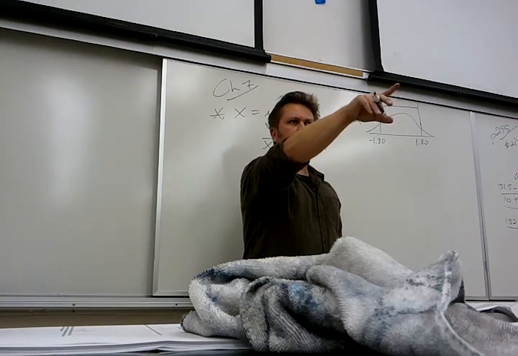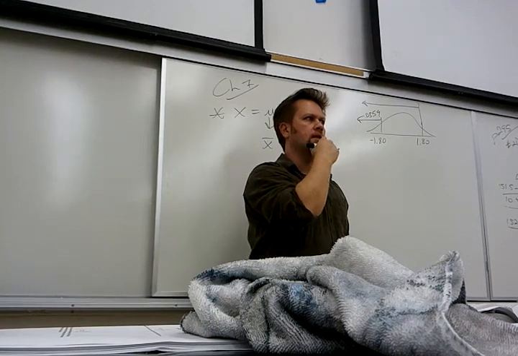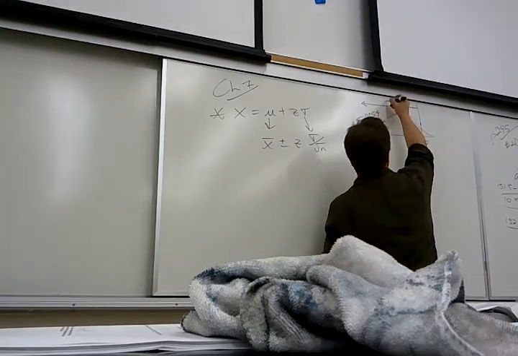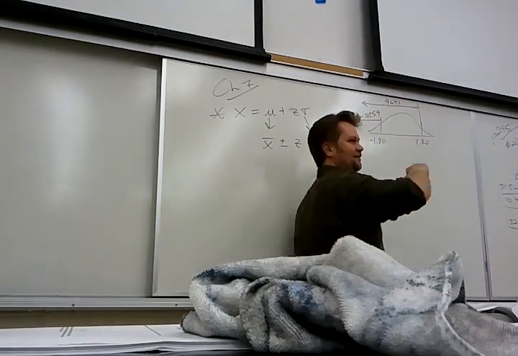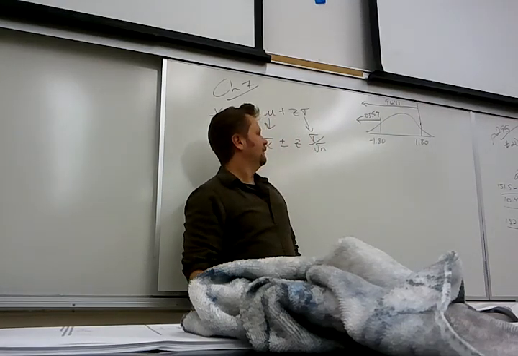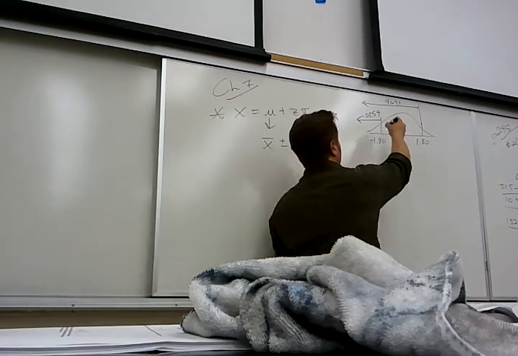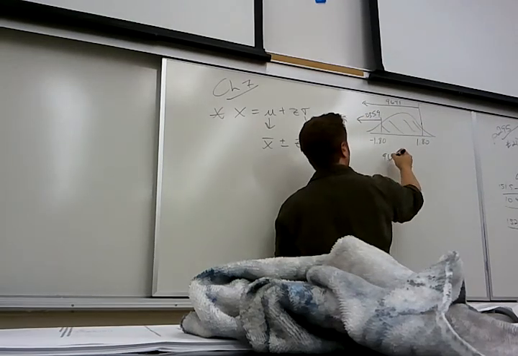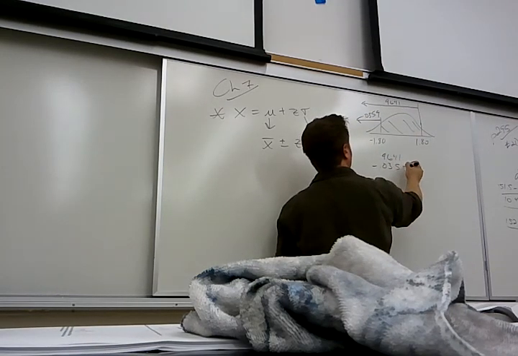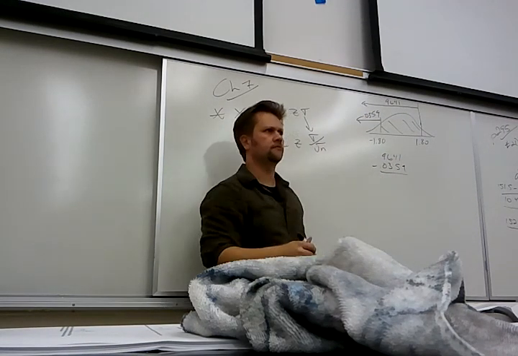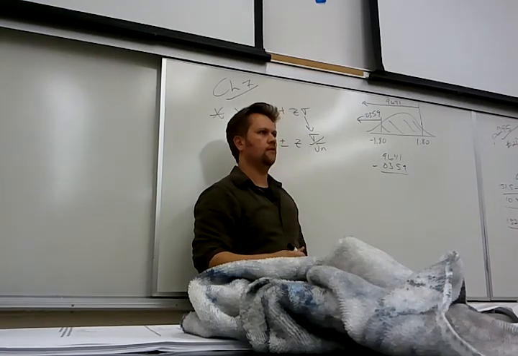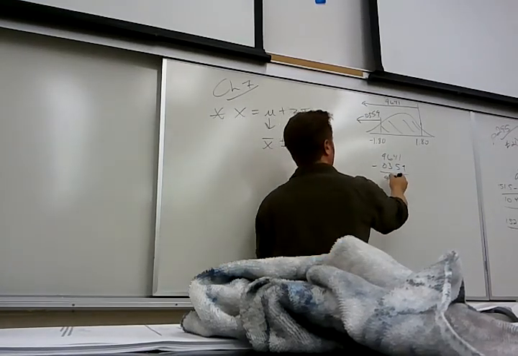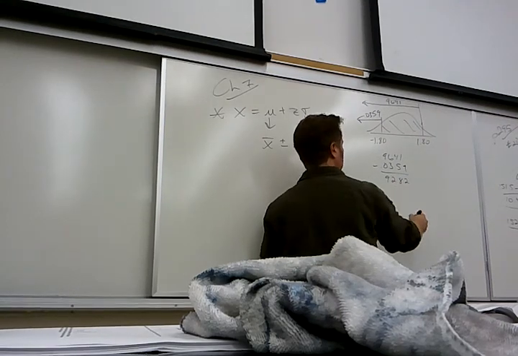Now what about positive 1.8? 0.9641. And then how to get the area in between? 0.9282.